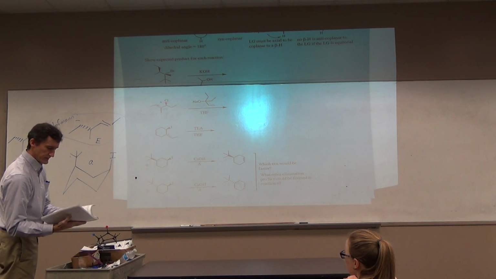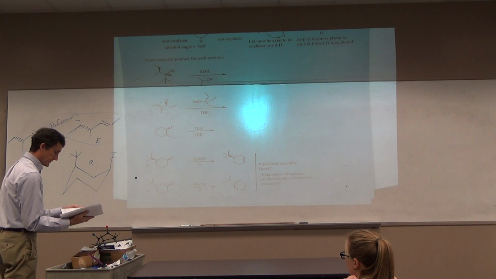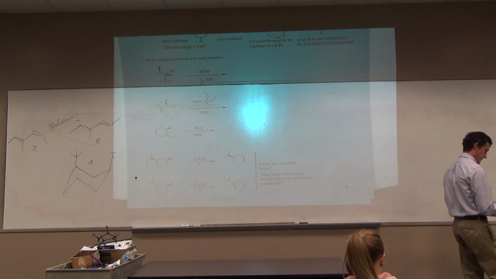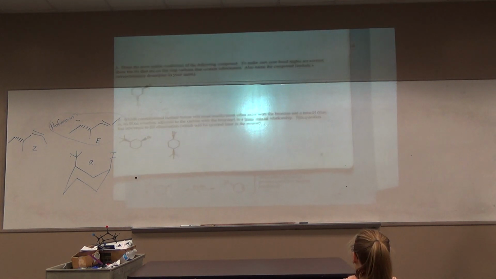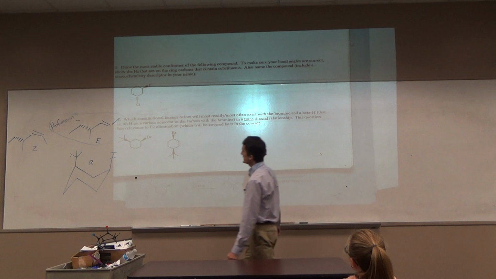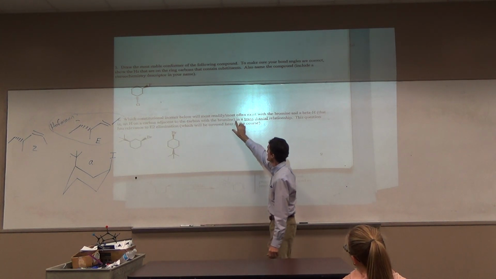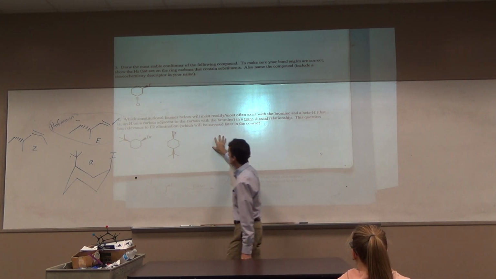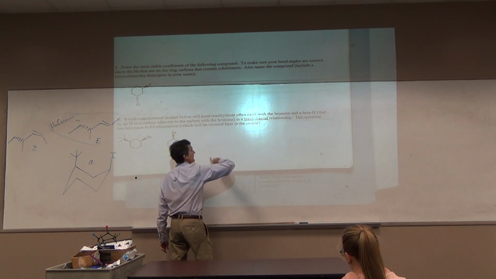Back during test 1 in the workbook, there was a question on page 9. During test 1, which constitutional isomer below will most readily exist with the bromine and a beta hydrogen in a trans-diaxial relationship?